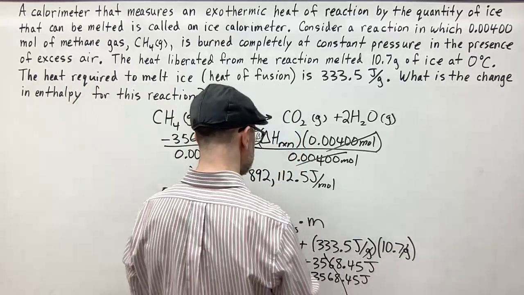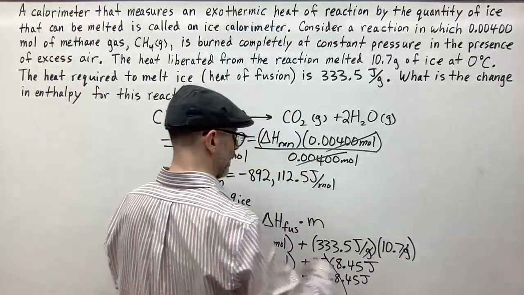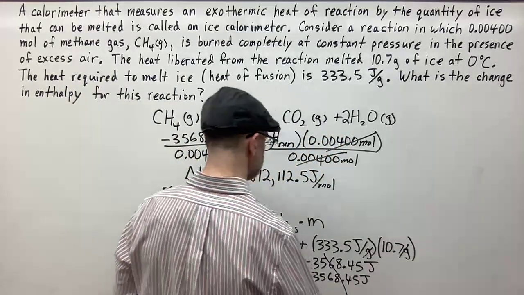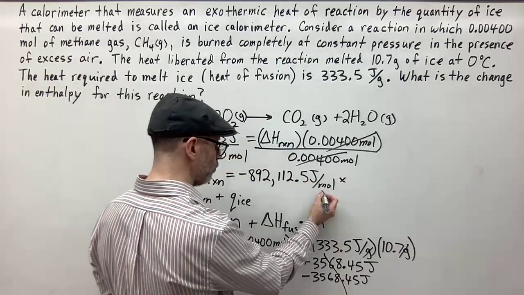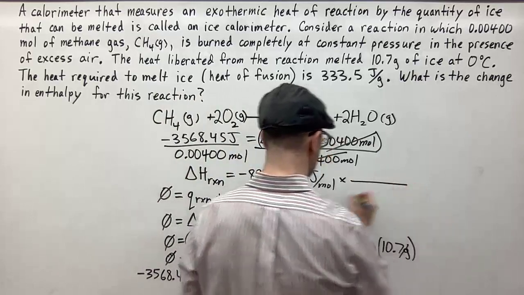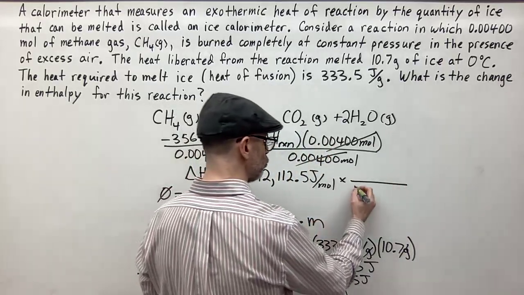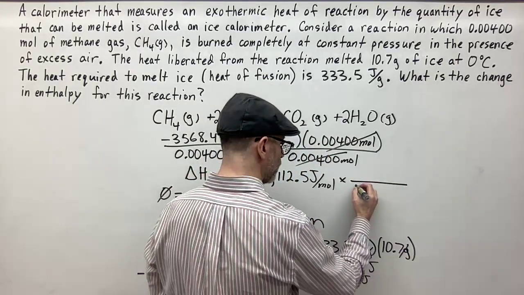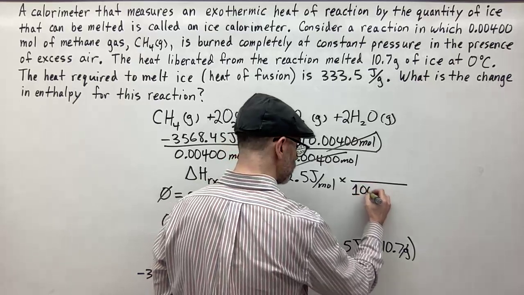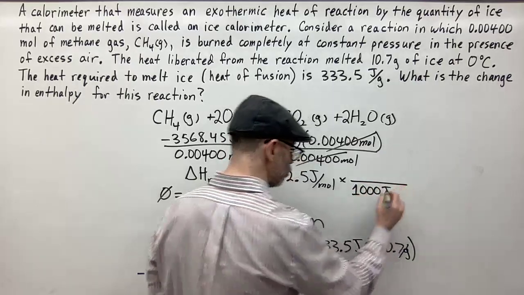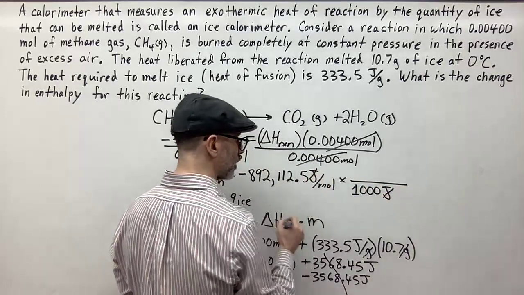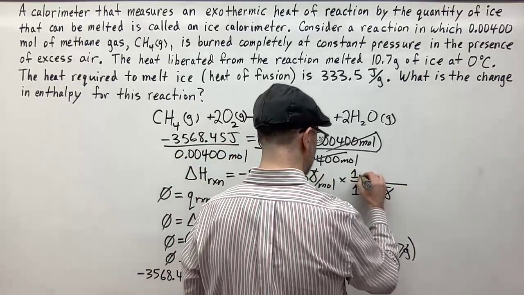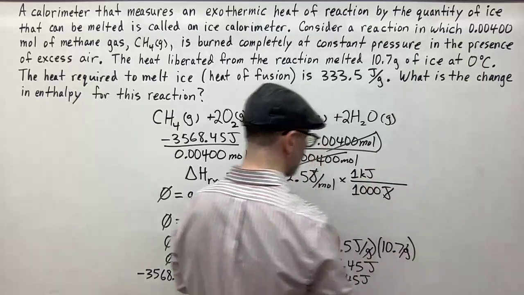But normally enthalpies are in kilojoules per mole, so we're going to convert this to kilojoules per mole. Since it's joules over moles, we're going to multiply by 1 kilojoule equal to 1,000 joules. We'll put 1,000 joules on the bottom. That's going to make joules cancel out, and I have 1 kilojoule on top.